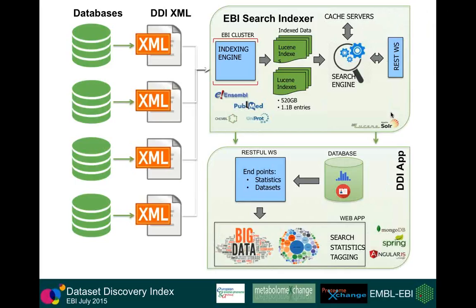So as I see this, the concept is that there will eventually be a registry where any resource can register, saying, hey, I am publishing data in the DDI XML format. And then the index requires only something like a maintainer URL and an FTP location where to get the XML.